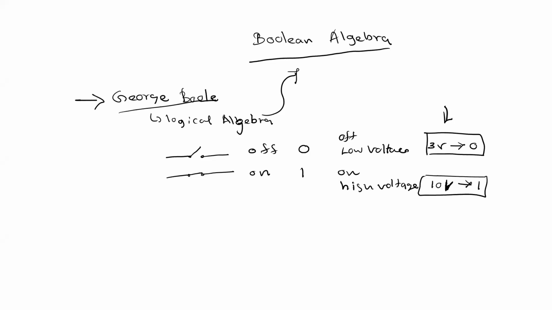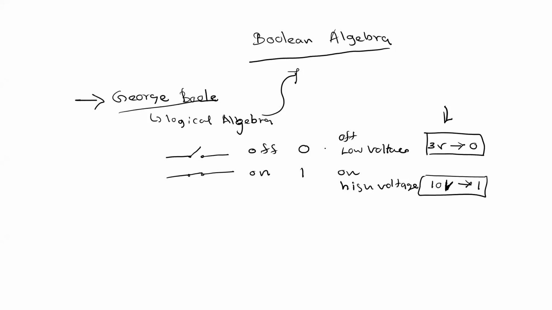So 0 is represented by the lower voltage and 1 is represented by the higher voltage. Sometimes you may have thought that we can only have off switches and on switches, by passing and removing electricity from the circuit, but we can use low and high voltages as well.